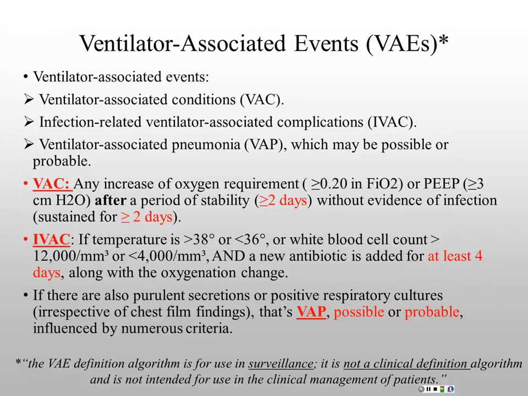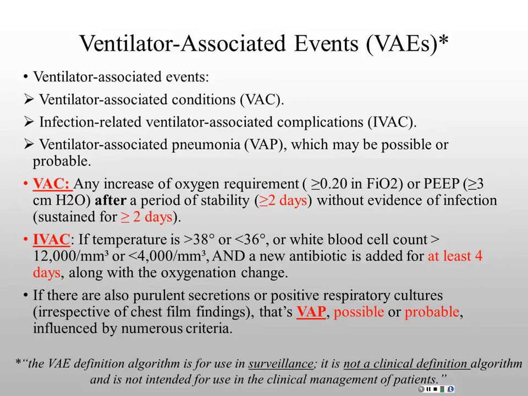Now you can call it VAC. And subsequently, if you develop temperature, high white count, or low, qualifying you for possible infection, and you started new antibiotics for at least 4 days with the previous oxygen and PEEP change, now you will qualify for IVAC, which is infection-related ventilator-associated complication. So already now we are talking about 8 days.